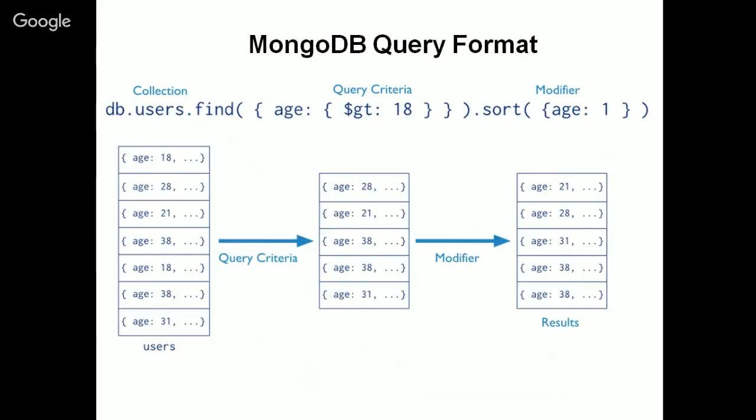And the query format is how we execute a query in MongoDB. We do not write like select star from table name where name like this or marks greater than 50.